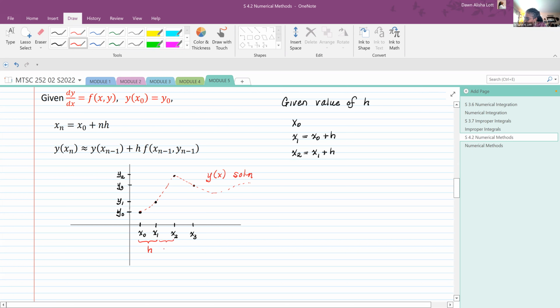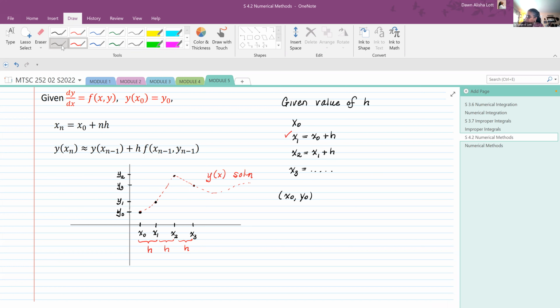Now the question is, how do we find the y's? So we're going to use this formula to find the y's. If we know at the beginning x naught and y naught, we can easily find x1, and then y1 is going to take y0.